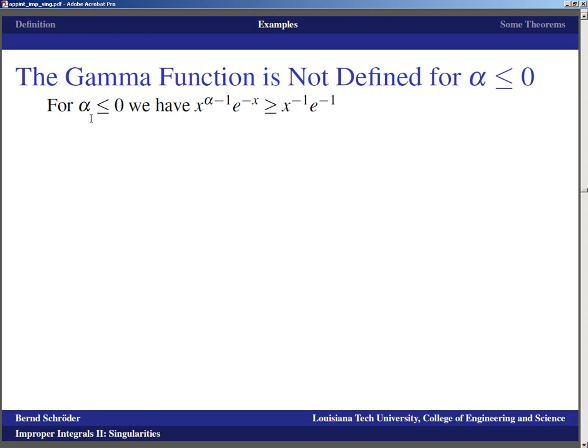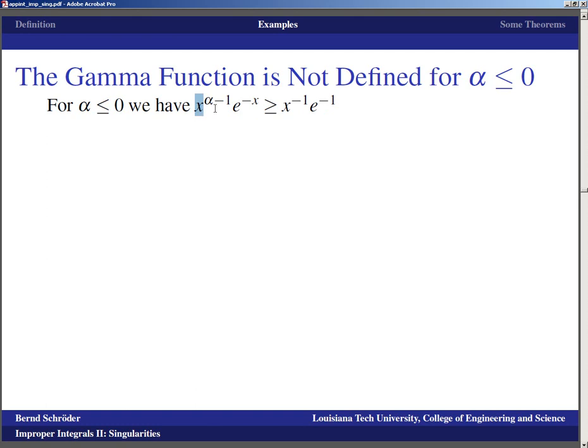And it's a similar story because for alpha less than or equal than 0, we have that x to the alpha minus 1 e to the negative x on the interval from 0 to 1 is so that e to the minus x is greater or equal than e to the minus 1. And x to the alpha minus 1. Now remember, these things here are fractions, right? These are numbers like 1/2, 1/4, and so on.